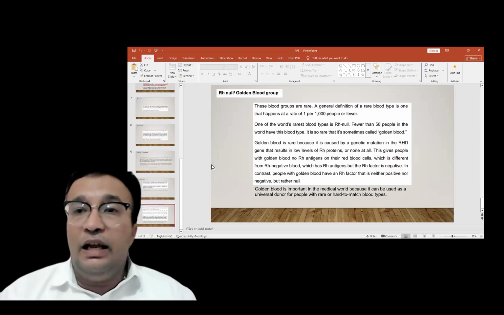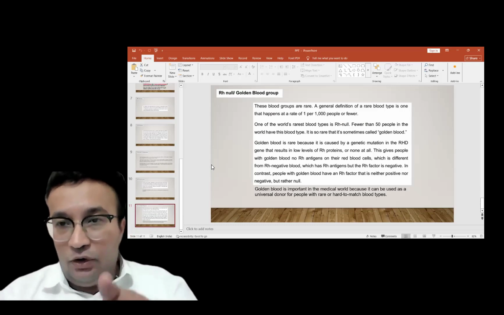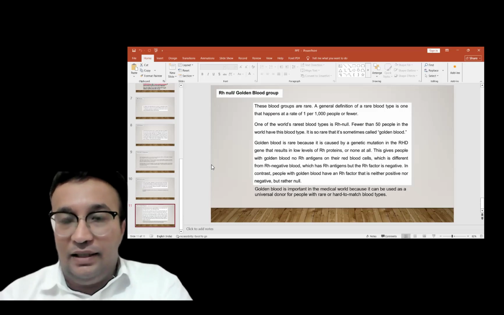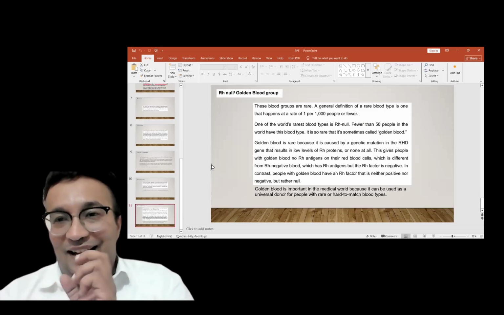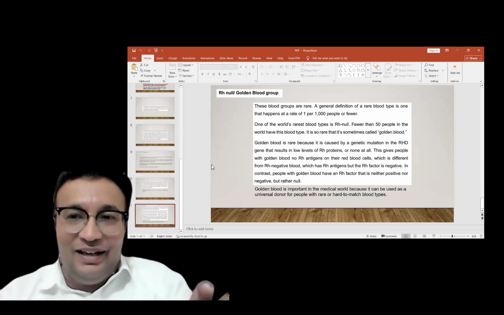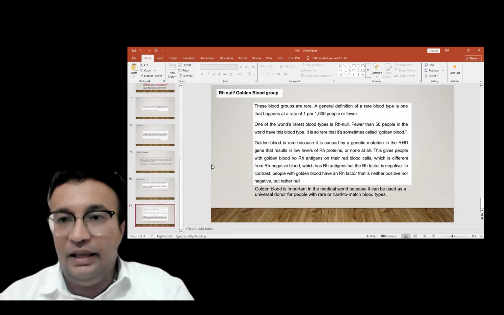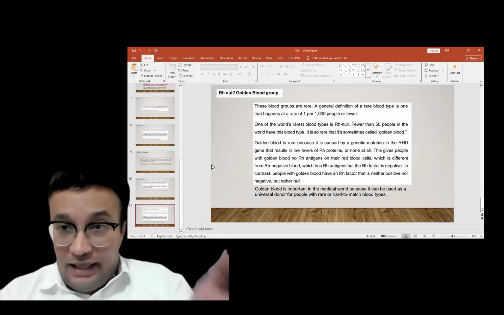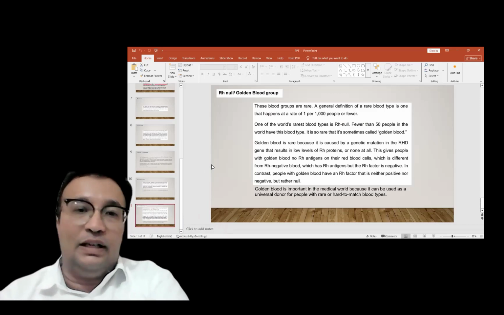Then we have golden blood group. This is very interesting. Now, this word golden blood group does not mean that the color of the blood is golden. No. Actually, this word golden is connected with the rarity of this blood group, given the fact of how rare this blood group is in terms of its occurrence.